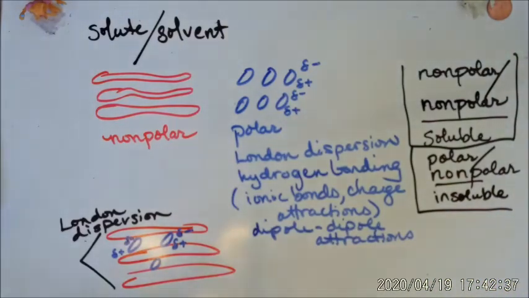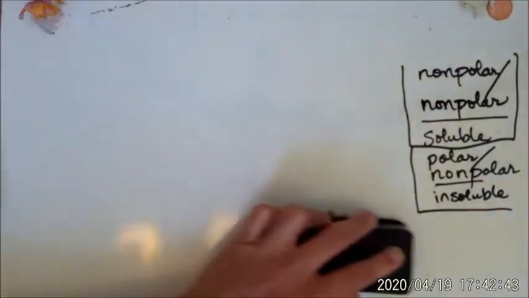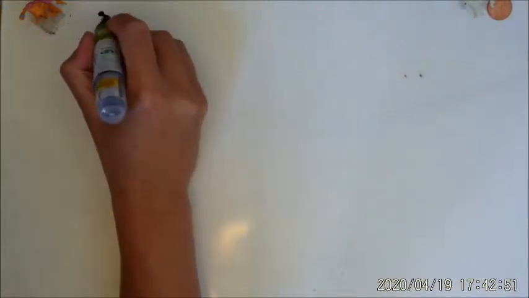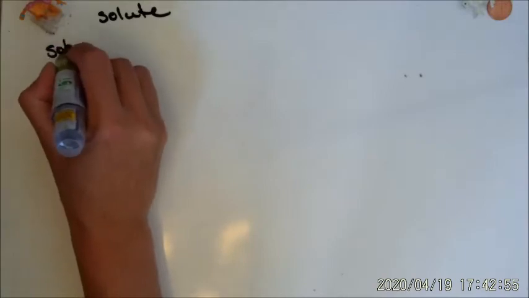So let me give you some examples. Let me erase this. Give you some examples before we move on to the rest. Okay? So right now, let's draw it this way. Here's my solute. Here's my solvent.